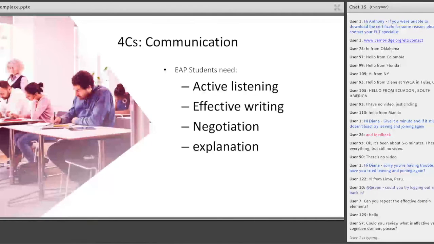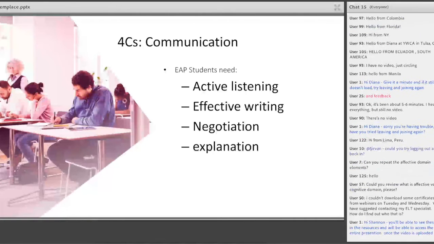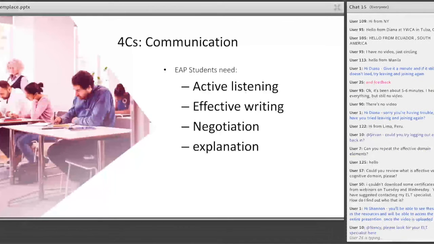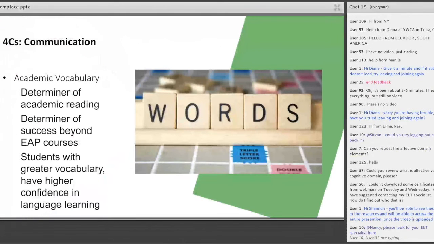So when we consider teacher communication, a very, very important aspect of that is vocabulary, right? Of course, we want our students to understand us, but we also want to challenge them. We can do this by actively seeking out opportunities to increase their academic vocabulary, right?